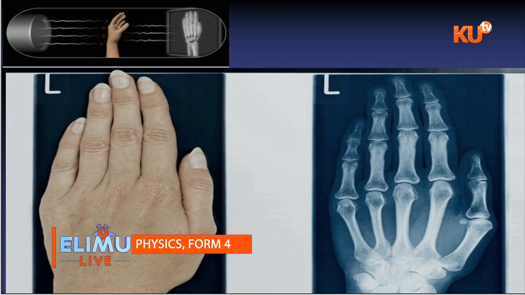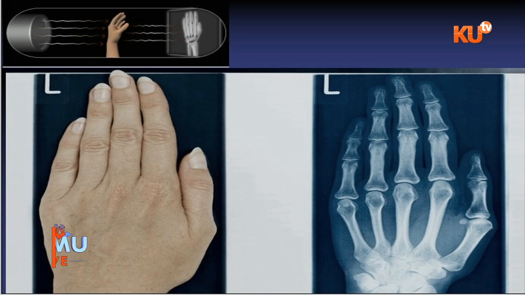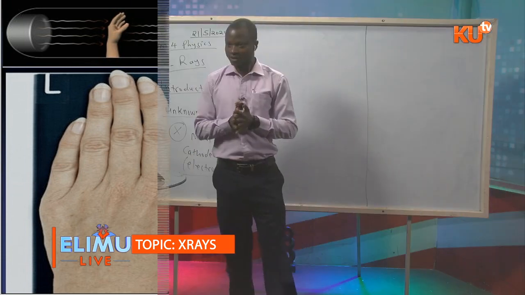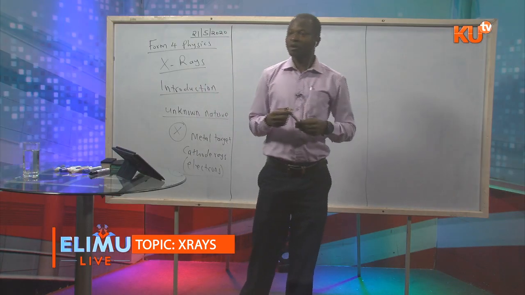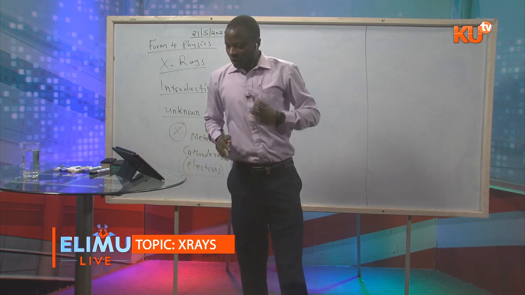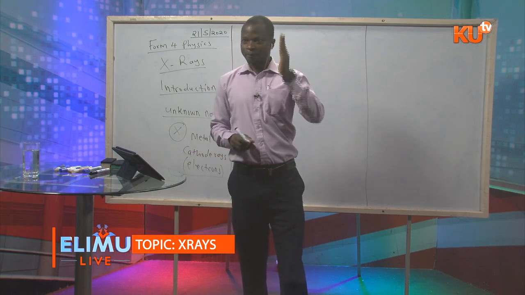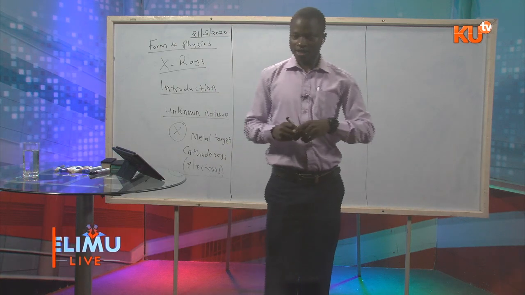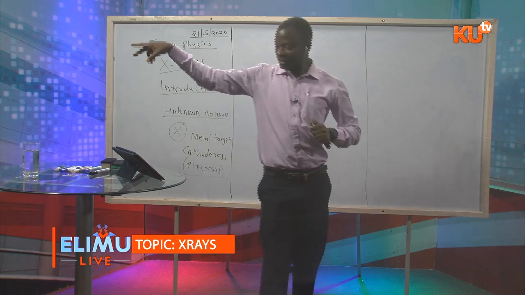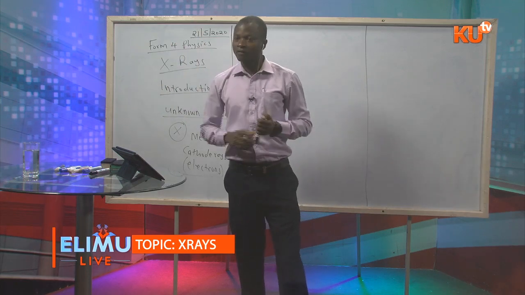There's the real hand, and there's another one on the far right, which is a picture. That's exactly what happens in an X-ray operation. Maybe someone got a fracture on the finger. You cannot see this fracture using your naked eyes. So you have to do an X-ray operation. When this hand is placed in the path of the electrons, a picture is found on the other side on a photographic film.